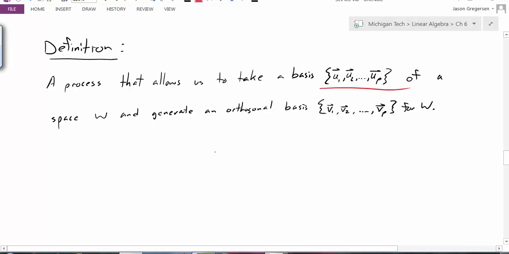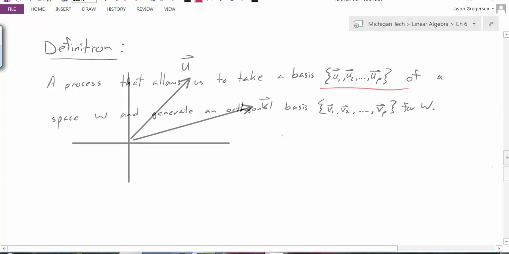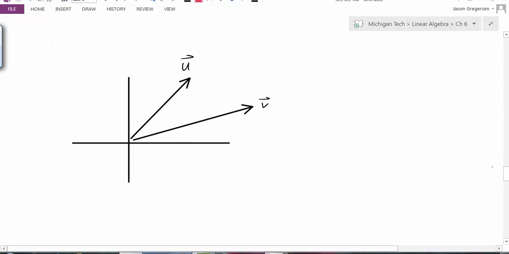We've already seen some smaller examples of how we could do this. For instance, if we have two vectors in R2, u and v, that are linearly independent, they would form a basis for R2. I can see geometrically that these two vectors are linearly independent because they're not multiples of each other. Now if I want to find an orthogonal basis, I could project u onto v to find this vector.